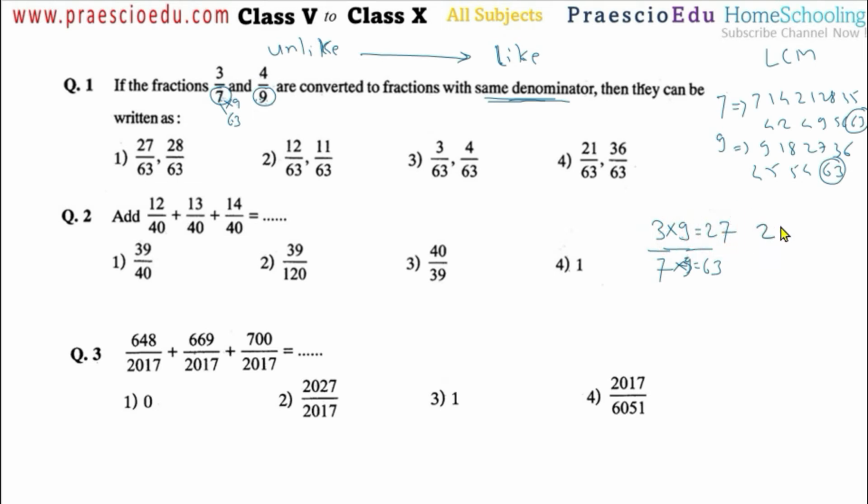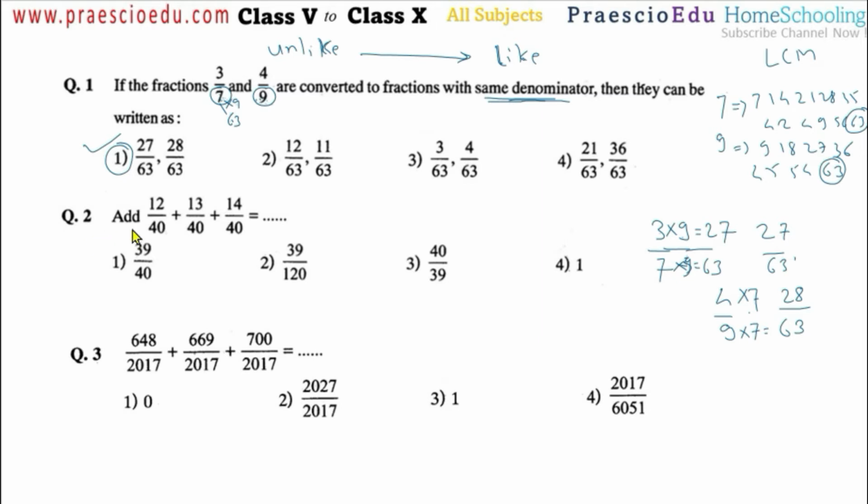So 27 by 63. And 4 by 9: here 9 is to be converted to 63, so we have to multiply by 7. So 9 multiplied by 7 means 63, and this 7 is multiplied to the numerator also. So 4 multiplied by 7 is 28. So 27 by 63 and 28 by 63 means option number 1 is correct.